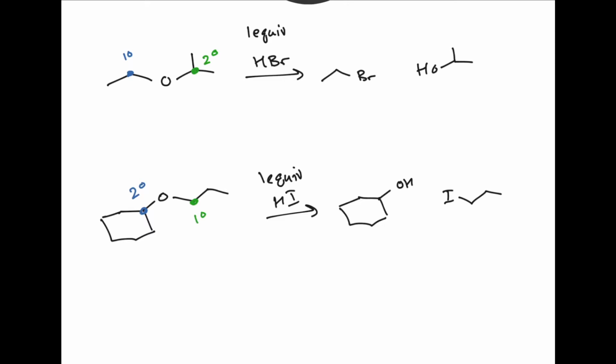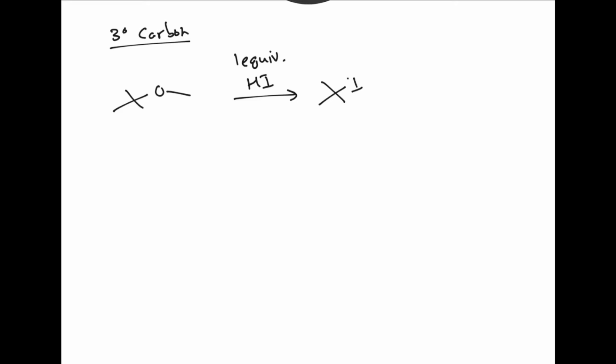Now, if you have a tertiary group on your oxygen, that's going to change your mechanism, right? So if I have a tertiary carbon, I'm going to end up with my halide on my most substituted carbon.